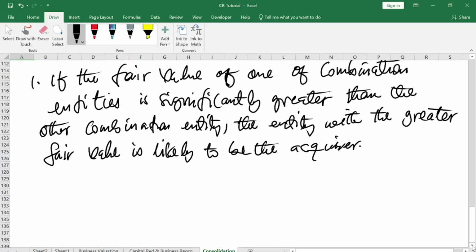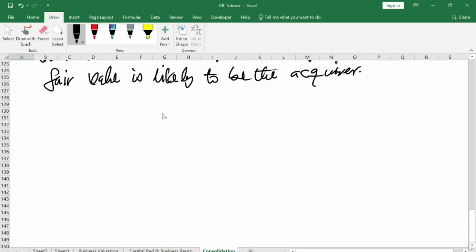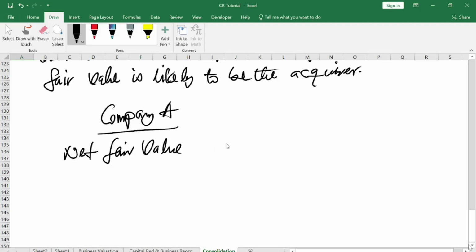So how do you identify which company is the acquirer? They can ask you, you never know, it can come as an additional question. So you have company A, maybe the net fair value of company A is 50 million.